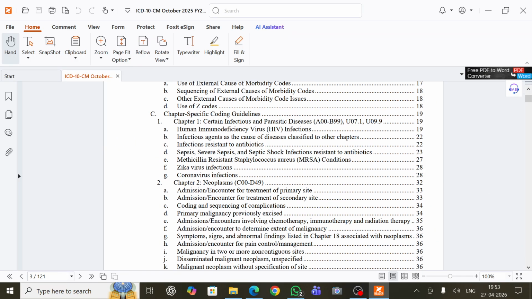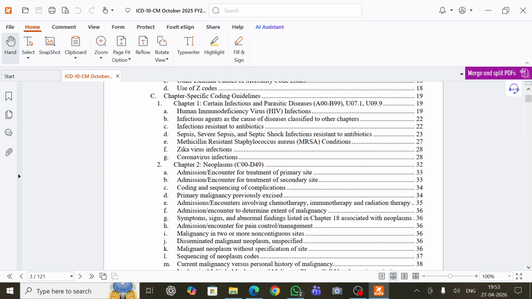In the chapter-specific coding guidelines, the first chapter is certain infectious and parasitic diseases. In that chapter we cover all infectious and parasitic diseases. Their series is A00 to B99.